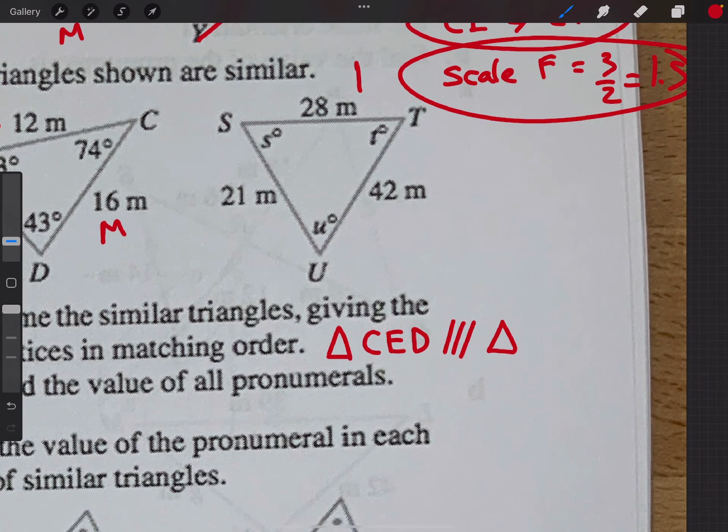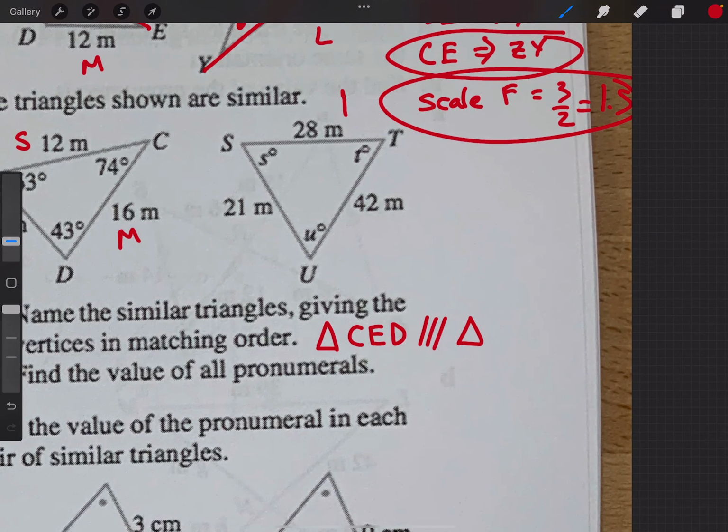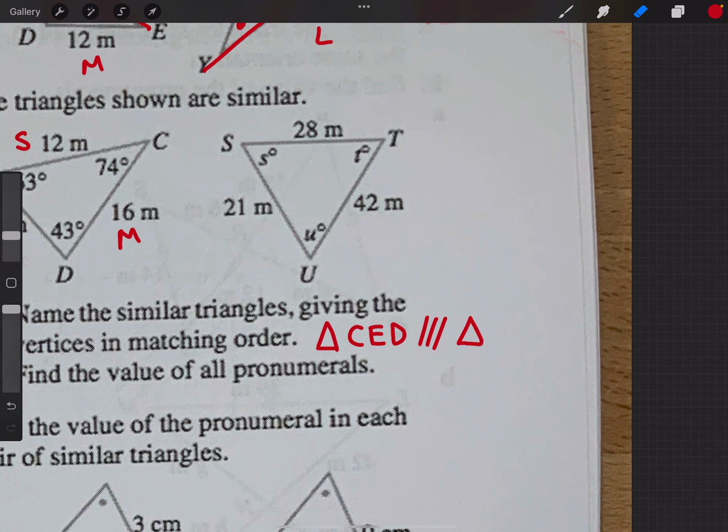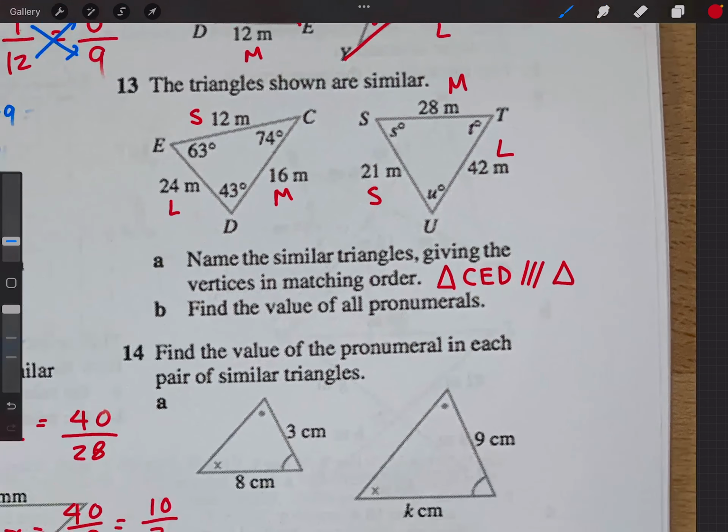The shortest length on the other triangle would be this one, then the longest length, and the medium length. Now, the longest length is opposite 74. So the opposite length to that should equal 74 as well, because that's the longest length there. So S is equal to 74. So this one is 74. What else?